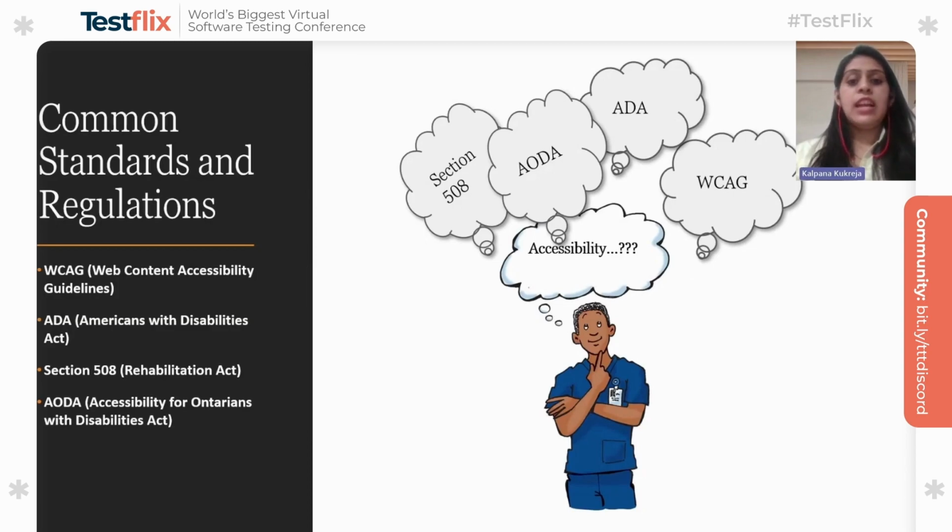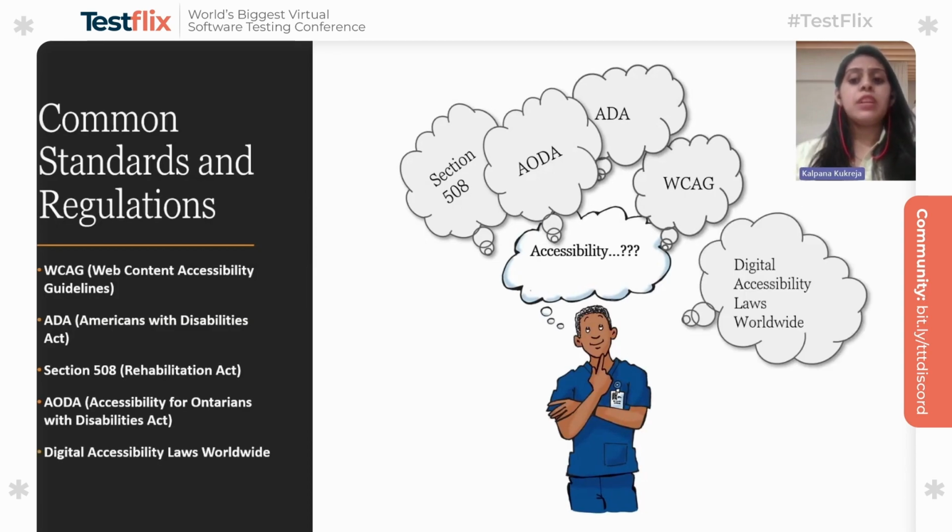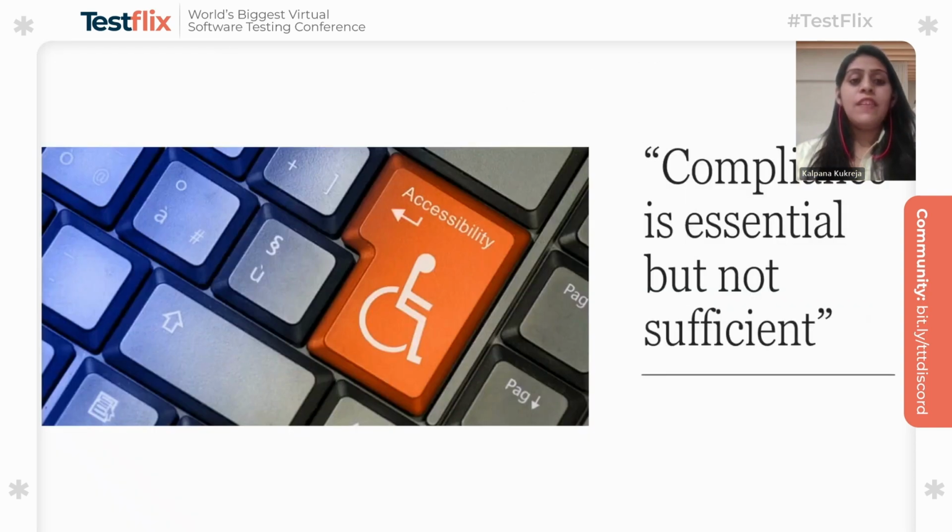AODA for Canada and Ontarians, and many different digital accessibility laws across the world. But we often tend to forget that compliance is essential, but it is not sufficient. There is a whole world of different innovations and opportunities if we move just beyond compliance, beyond the ticking boxes of accessibility and checklists.